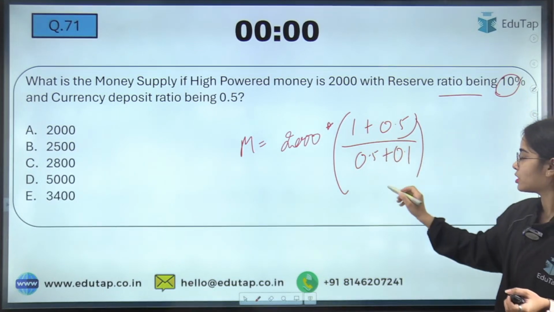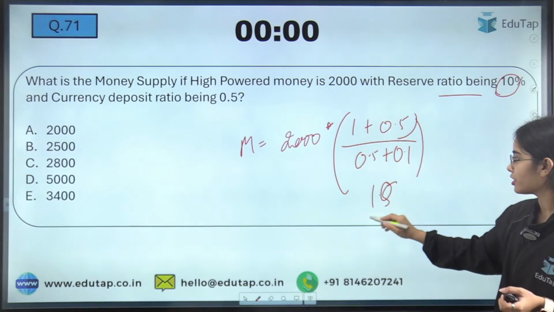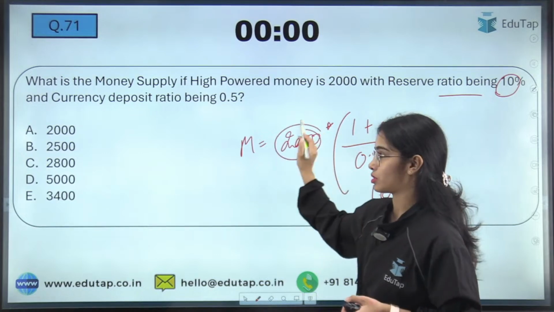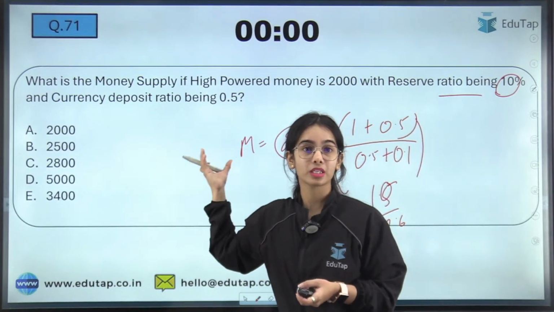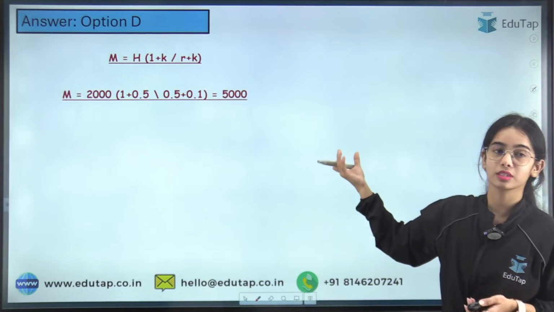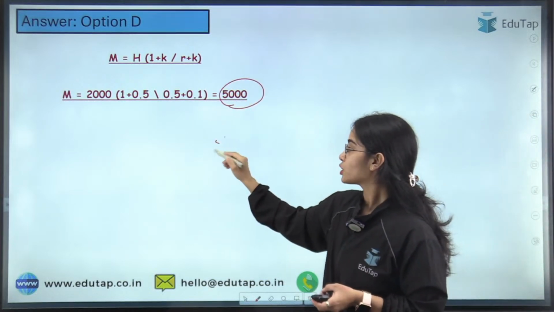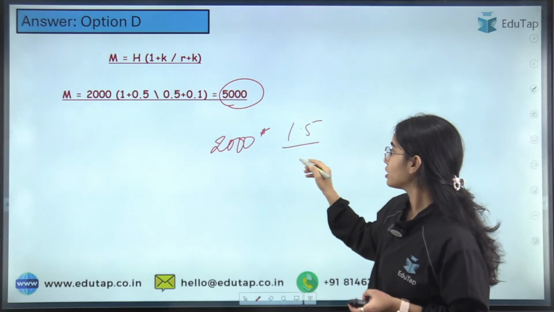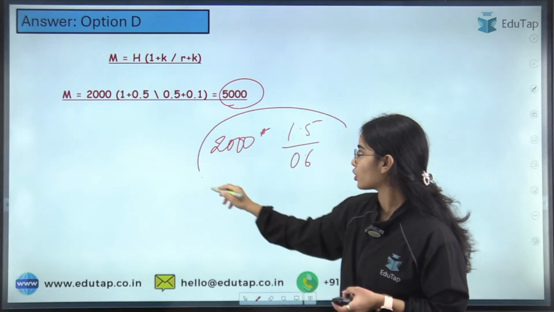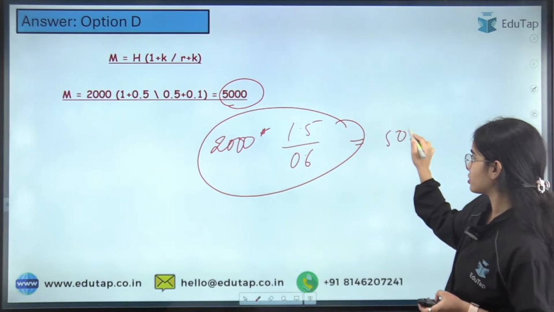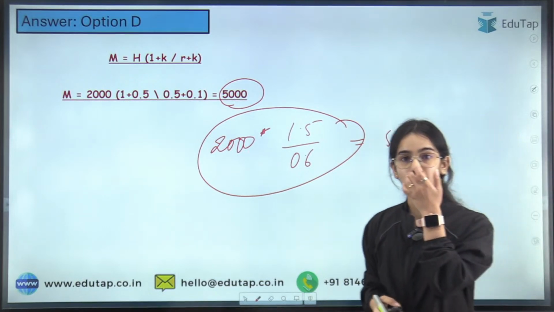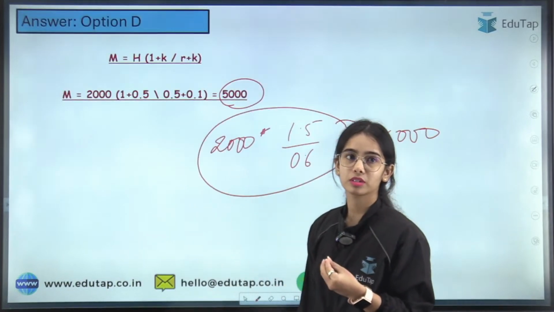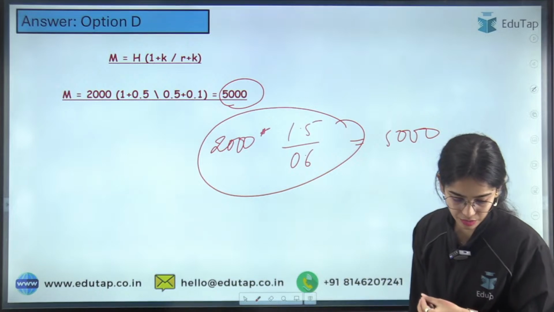So that is 1.5 divided by 0.6, multiplied by 2000. This is M, the money supply. So 2000 multiplied by 1.5 divided by 0.6 is 5000. Okay, got it? The formula you have to remember. The answer is D, that is 5000.